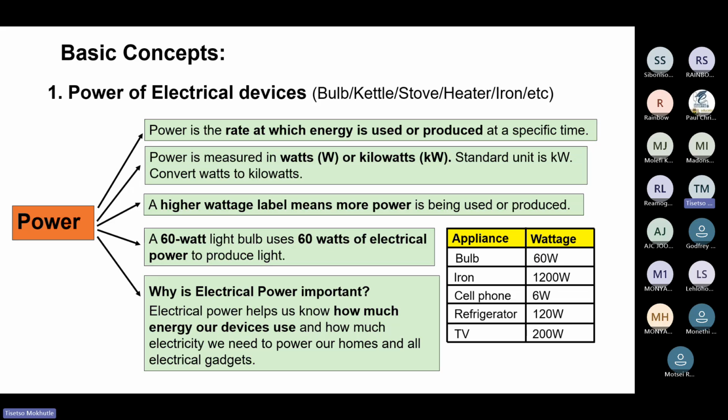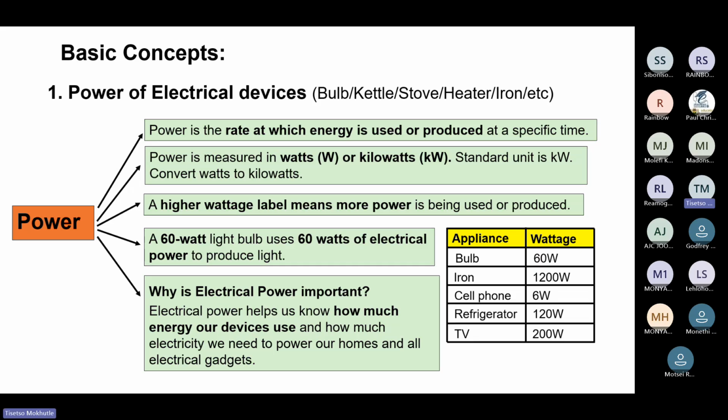If you are going to boil water with the 2 kettles, the one with the higher wattage label will use more electricity and it will boil the water much faster because it is producing more heat. A 60-watt light bulb uses 60 watts of electrical power to produce light.